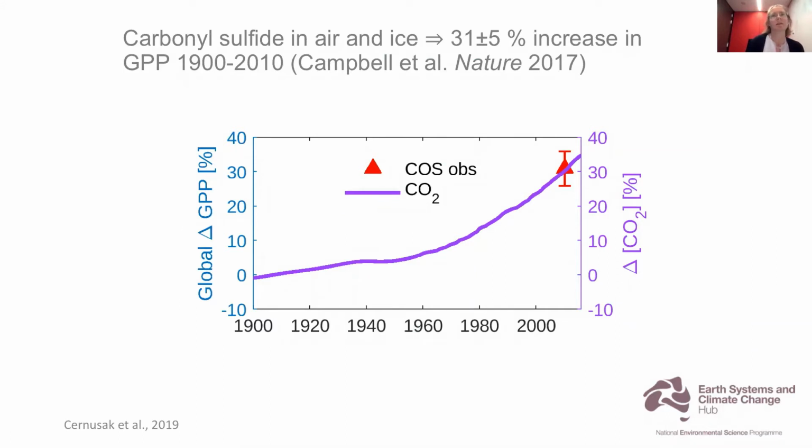And in this slide, we simply see the rise in CO2 concentration in the purple, and the inferred change in global photosynthesis since 1900 from a tracer called carbonyl sulfide. And that can be used to infer the change in photosynthesis or gross primary production, because it enters the stomata of the leaves in the same way that carbon dioxide does.